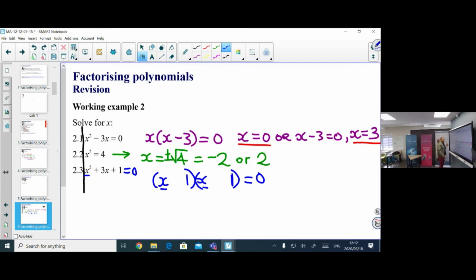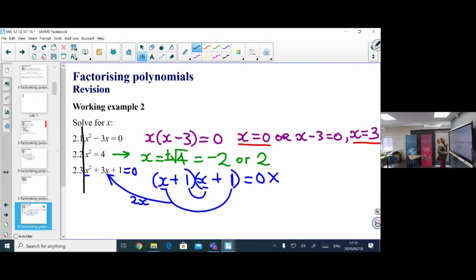So if you do that, you see that here we have a problem with the middle term, which is the term you must always check. The middle term is not going to come out as 3x because it will be 1x plus 1, which will be 2x. 2x is not the same as 3x, so it means we don't have to use this method. We must employ another method.